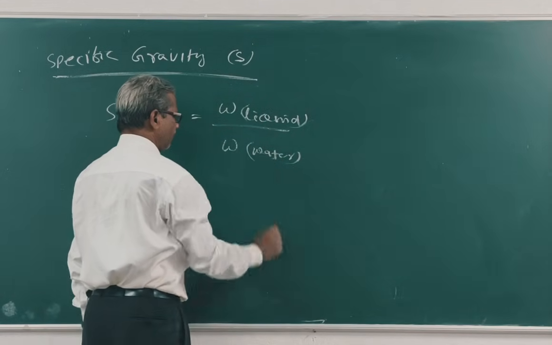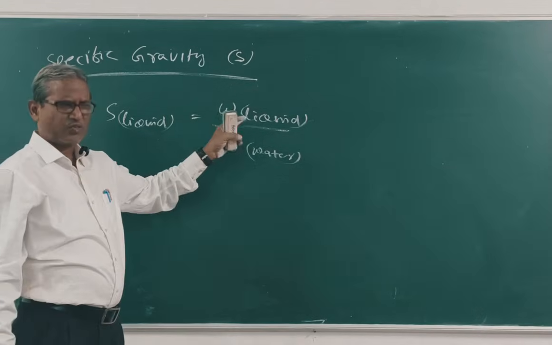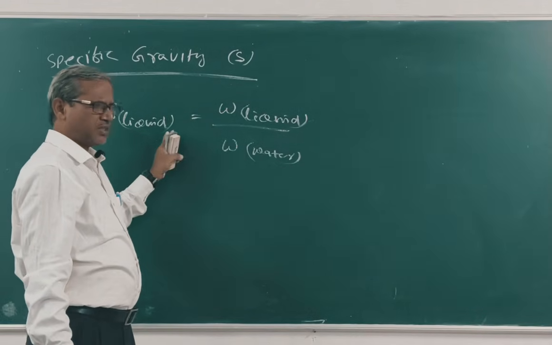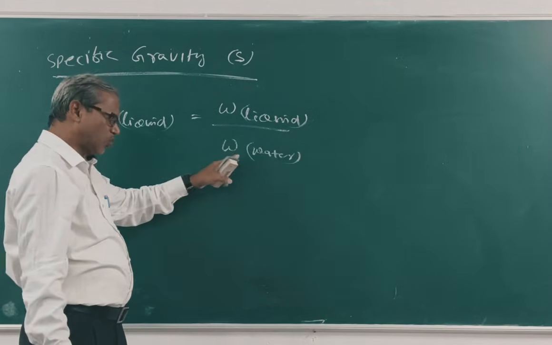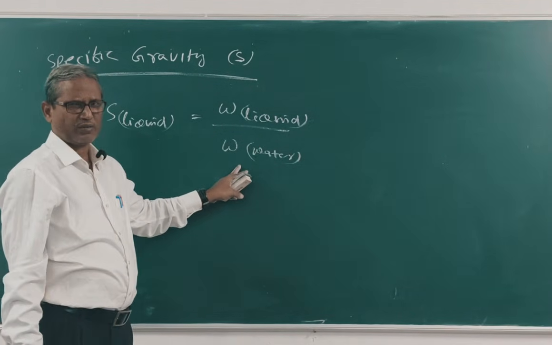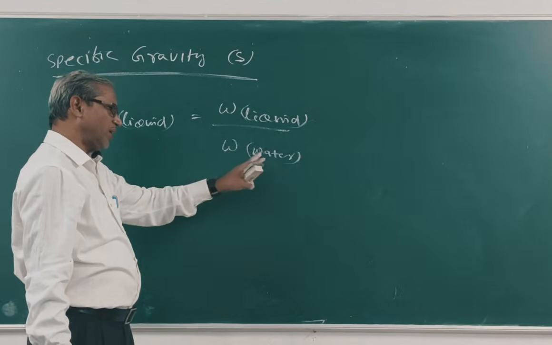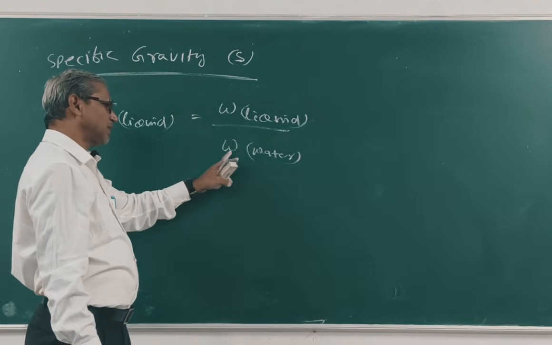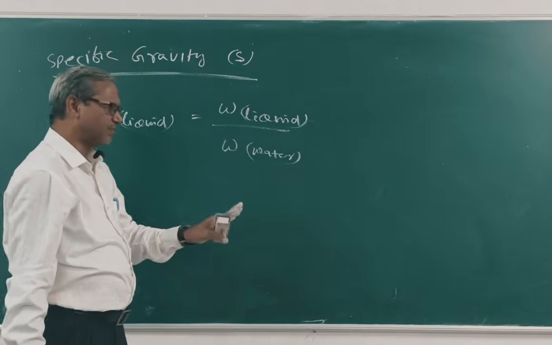Clear? So for any substance, the specific gravity is equal to the specific weight of that substance to the specific weight of the standard substance. Standard substance means for liquid, for fluid mechanics, the standard fluid is water. For gas, this is air. Clear? This is fluid mechanics.